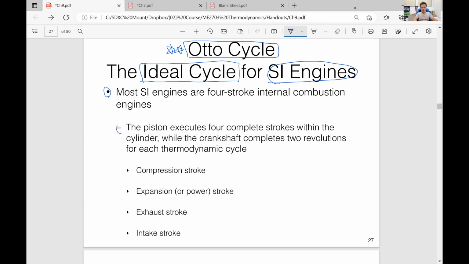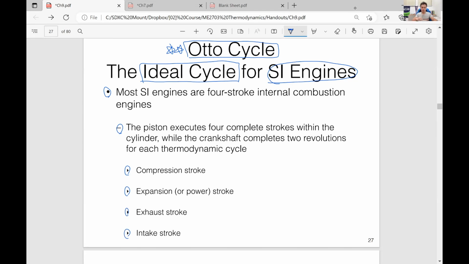The piston executes 4 complete strokes within the cylinder, while the crankshaft completes 2 revolutions for each thermodynamic cycle. These 4 strokes are the compression stroke, then the expansion stroke, then the exhaust stroke, and the intake stroke.